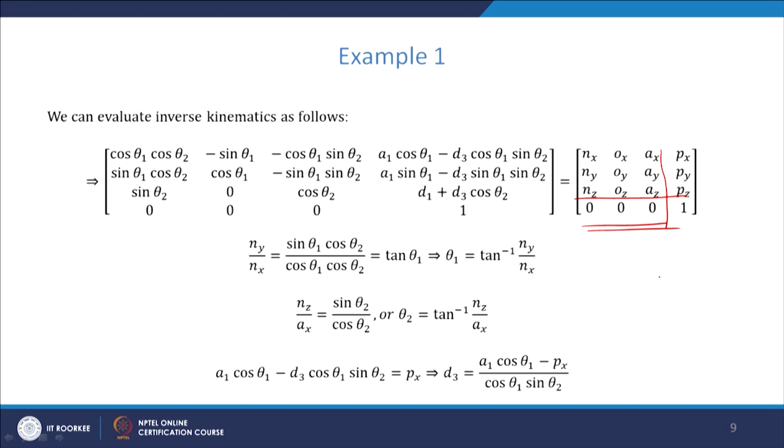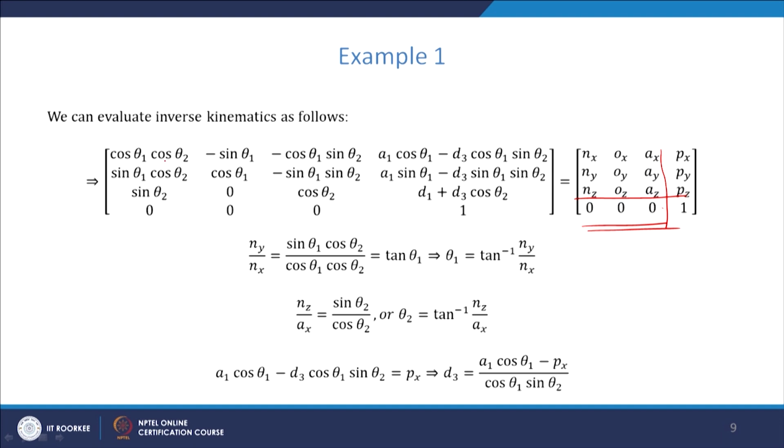So, if we give a suitable 4 by 4 homogeneous transformation matrix and equate it with the kinematic expression 0 T3 here, then we can get the inverse kinematic solution very easily.